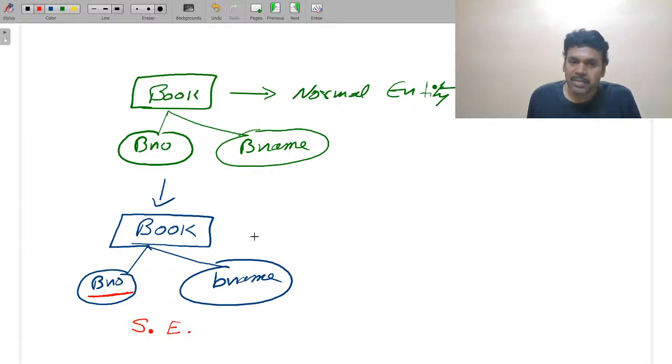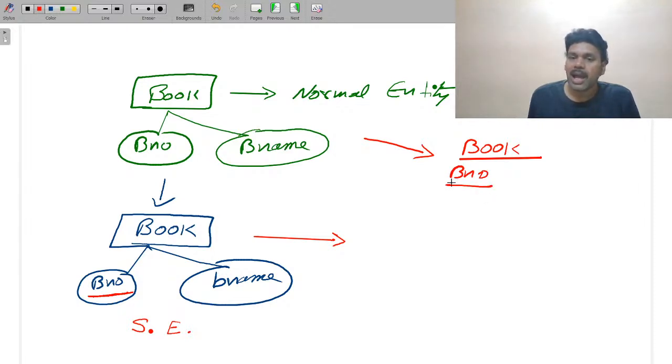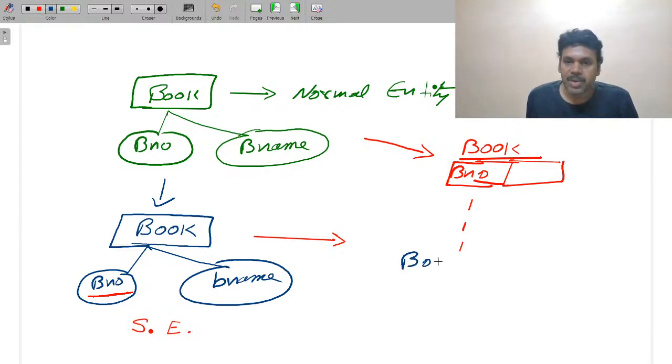So what is the guarantee with the strong entity, and what is the guarantee with the normal book entity? If you take a book here, and the book number is not a candidate key, there is a chance of duplicate values in it. But look at the book table here. I have a book table which consists of book number and other columns too.